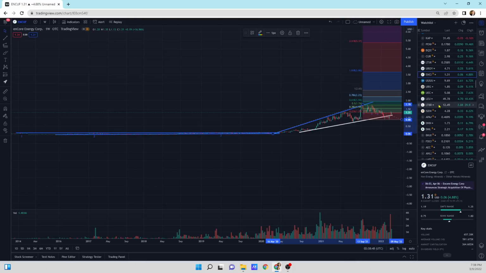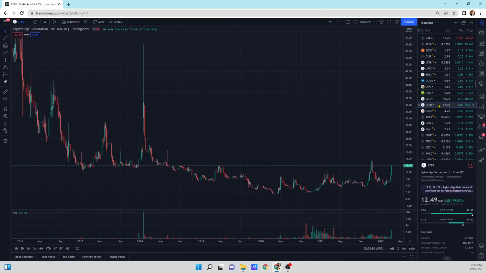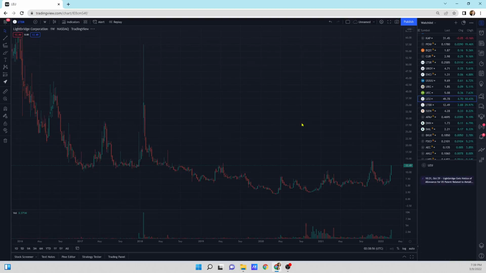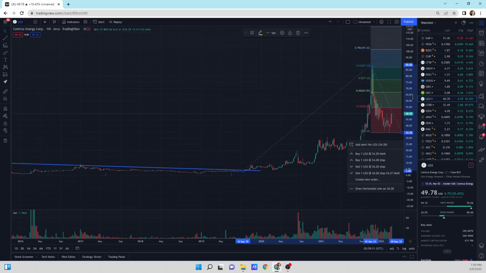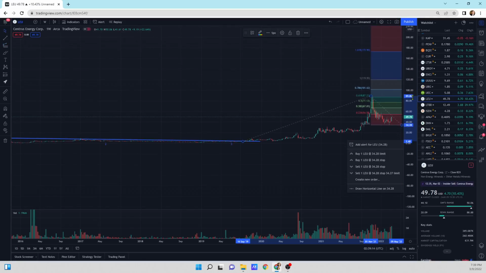Another one that's got some massive juice in it. Lightbridge doesn't have that same type of movement. LEU might. That one had a pretty good movement, and it's moved quite dramatically. So let's try this one on LEU, because this thing could be pretty ridiculous. And I did pick some up in the donations portfolio because this thing looks like it's got some pop.